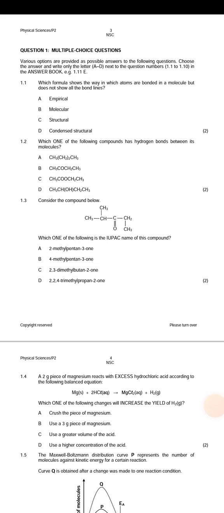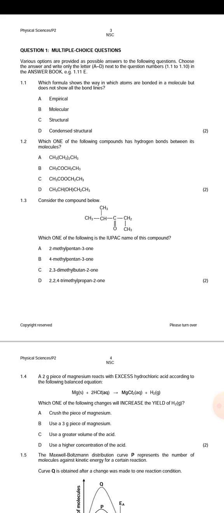Okay, so now we are going to look at physical sciences paper 2 multiple choice questions, number 4. Okay, so 1.1, which formula shows the way in which atoms are bonded in a molecule but does not show all the bond lines? Okay, so show the way in which atoms are bonded.